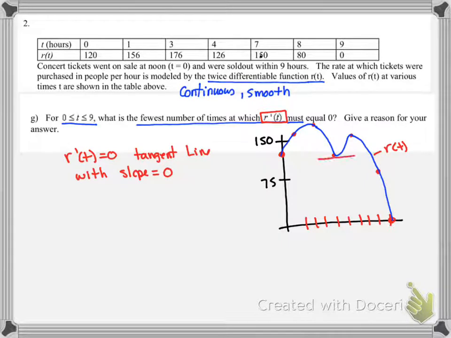And we could have that here, somewhere here, somewhere in here. And if we had all those other humps that other graph had, we could have more than 3. But the fewest number of times is 3 times.